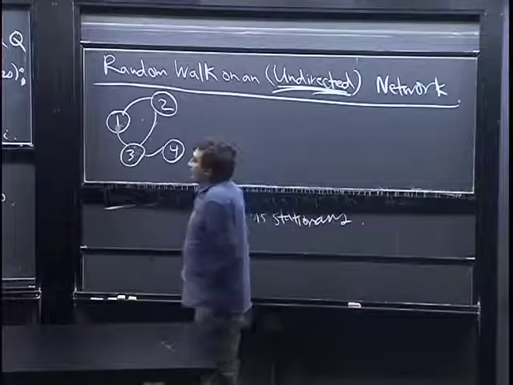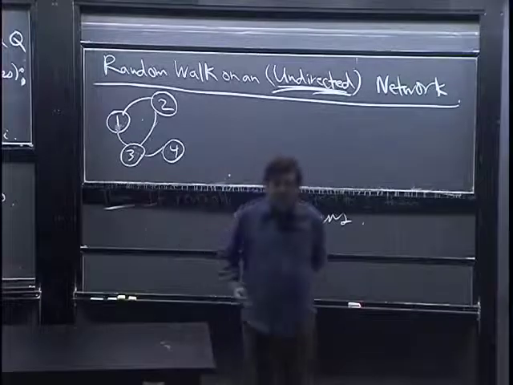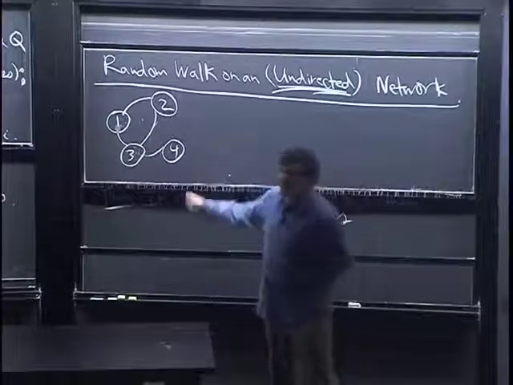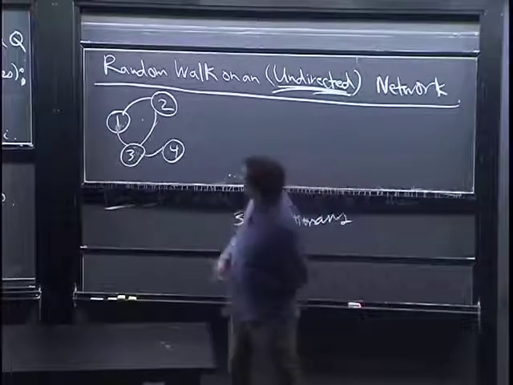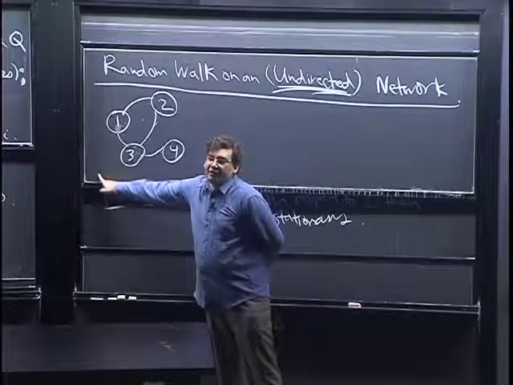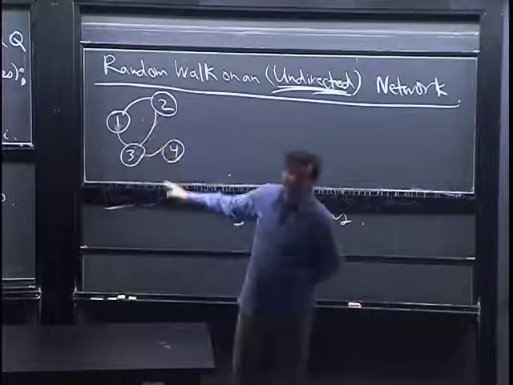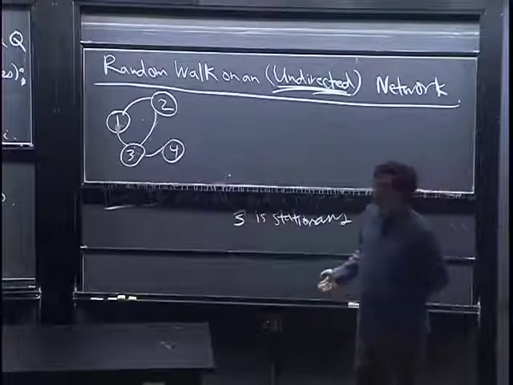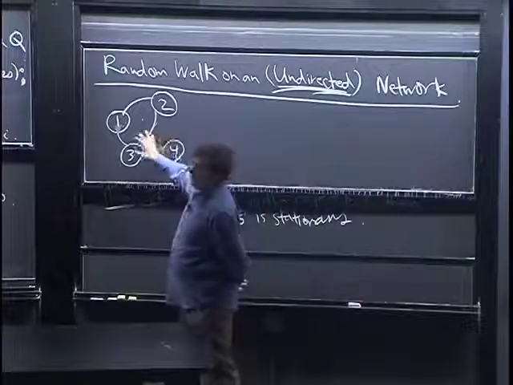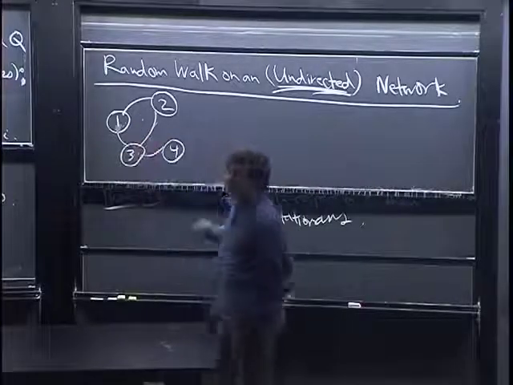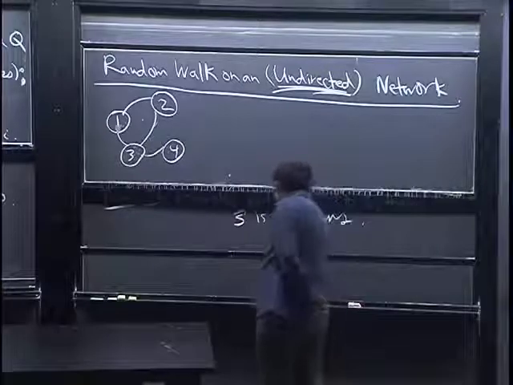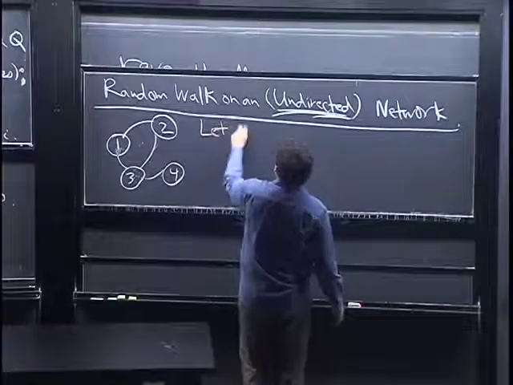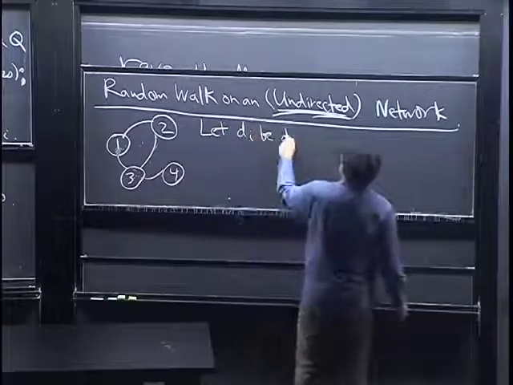You can write down the transition matrix if you want, but we want to find the stationary distribution. Clearly, it's irreducible. It would be kind of annoying if we had node 5 over here that's not connected to anything else, because then it would not be irreducible anymore. But let's assume that the graph is connected, that is, you can get from anywhere to anywhere. Let d sub i be the degree of i.